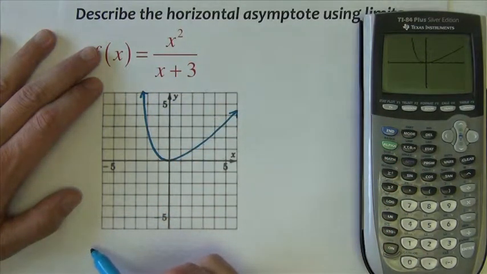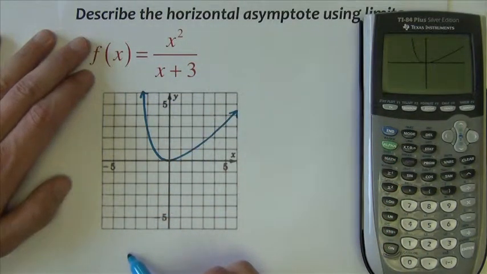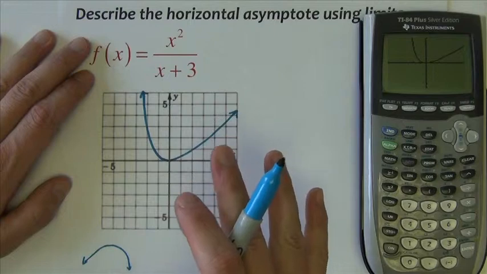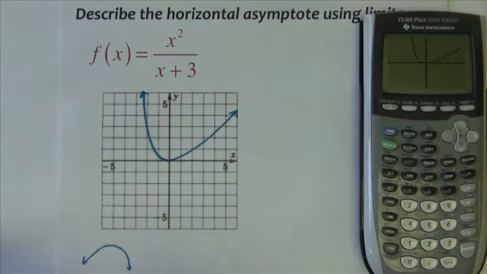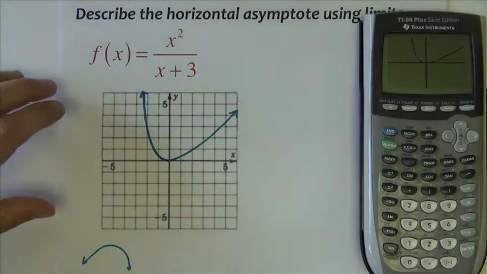Now, it goes off the graph, I'm not sure exactly how far down it goes, but there is another piece of this down here too. So there's two sides of it, just like all the other rational functions that we've seen. But this one is very different than what we've seen in the past.